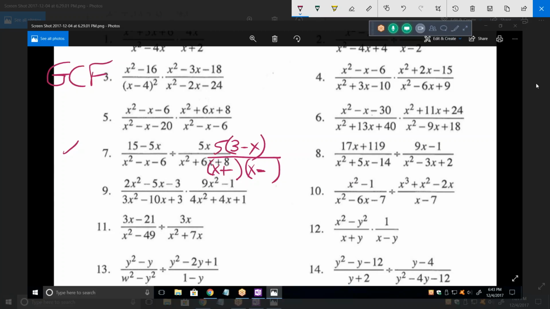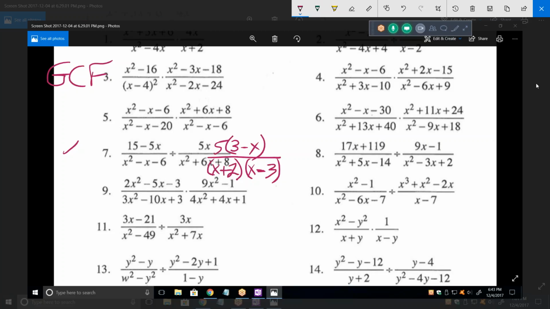Factors of 6 that go to 1 is 2 and 3. The 3 goes next to the negative sign, and the 2 goes next to the plus sign.